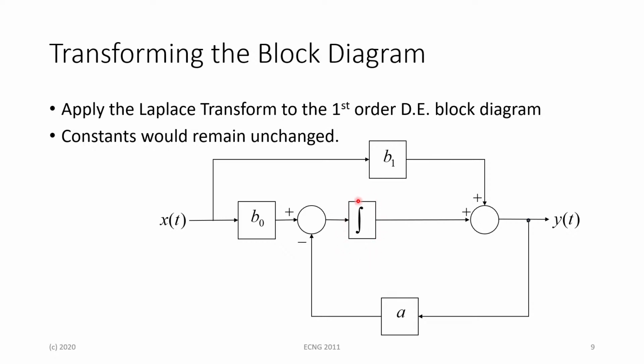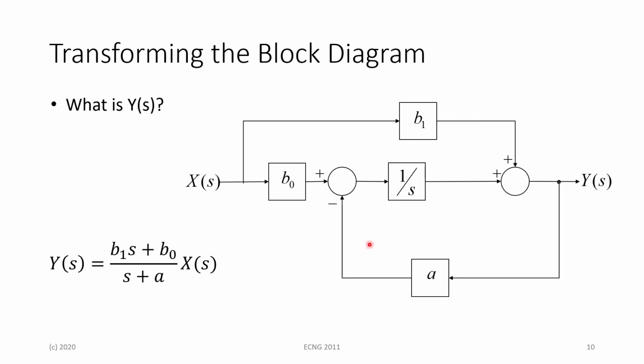The reason we've been doing integrals so far is that all the integral blocks just transfer to 1 divided by s in the Laplace domain. So it's a lot easier to work with integrals in the time domain block diagrams, and when you translate it into the Laplace domain, that integral sign just automatically transfers to 1 divided by s.